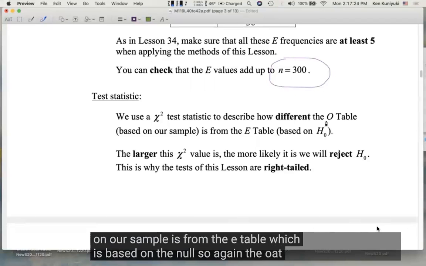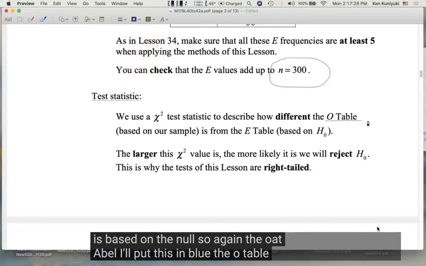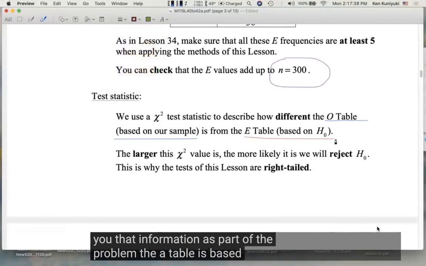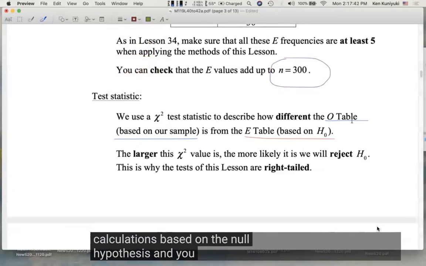So again, the O table, I'll put this in blue. The O table is based on the sample data. And I give you that information as part of the problem. The E table is based on calculations based on the null hypothesis. And you can figure those out.